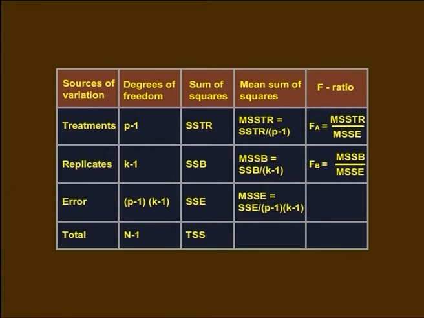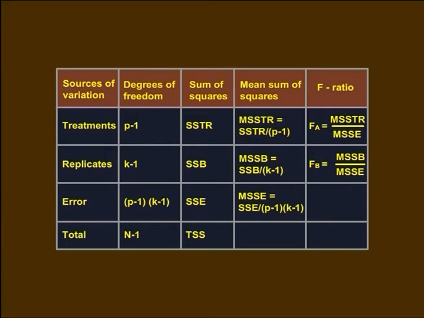In the third column, write the corresponding sum of squares: for treatments we have treatment sum of squares, for blocks the block sum of squares, for total its total sum of squares, and error sum of squares is obtained by subtracting treatment sum of squares and block sum of squares from total sum of squares.